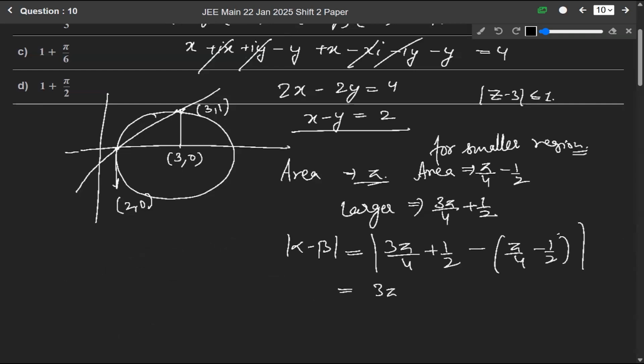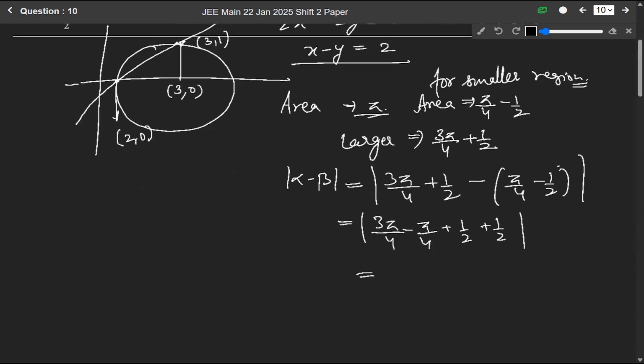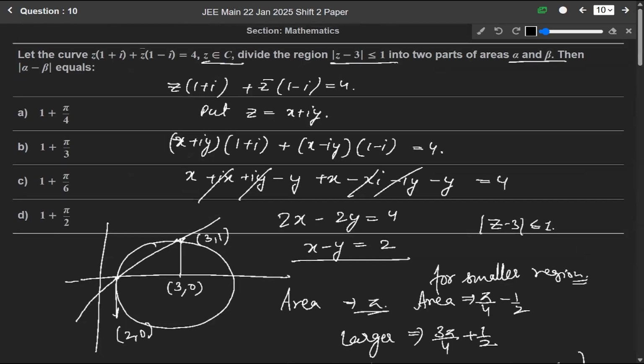So it will be 3 pi by 4 minus pi by 4 plus 1 by 2 plus 1 by 2. So when we solve it, we get 2 pi by 4 plus 1, which is equal to pi by 2 plus 1. So our answer is pi by 2 plus 1, which means option D is the correct answer.